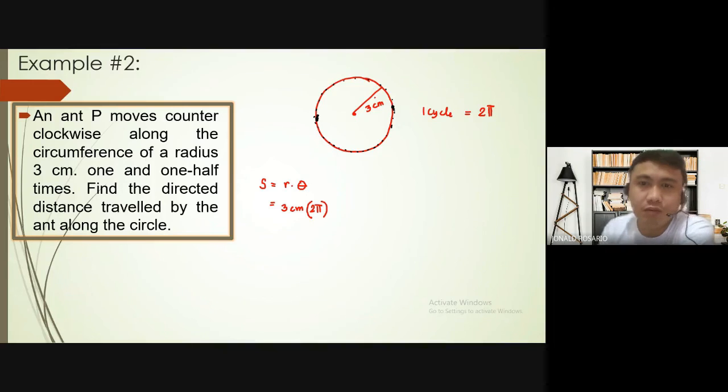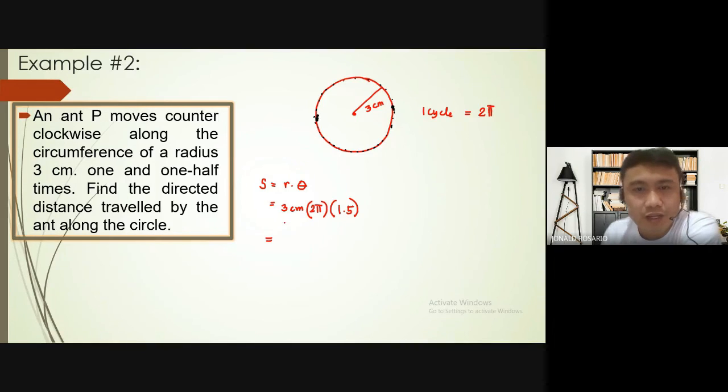But we are looking for the distance traveled by the ant kapag 1.5 times daw siyang umikot. So, we're just going to multiply this by 1.5.